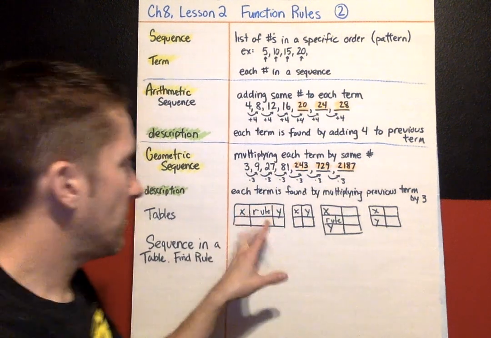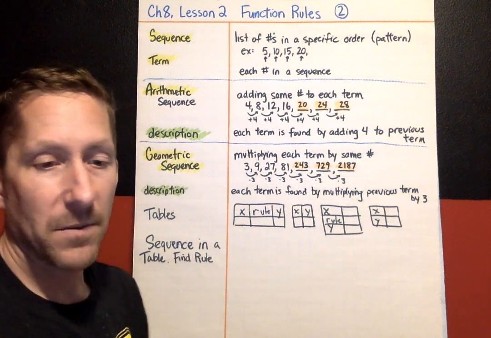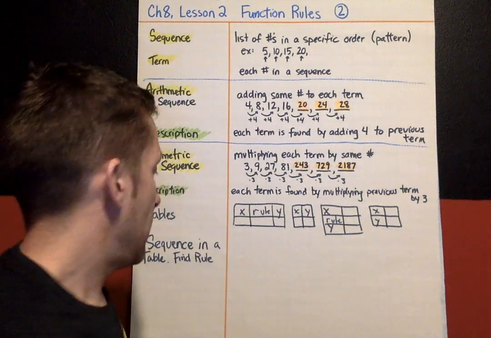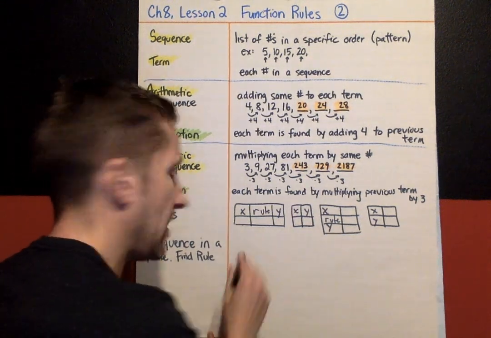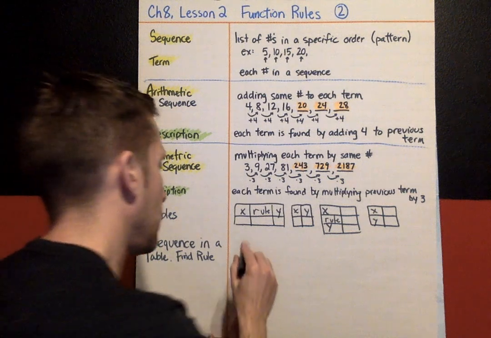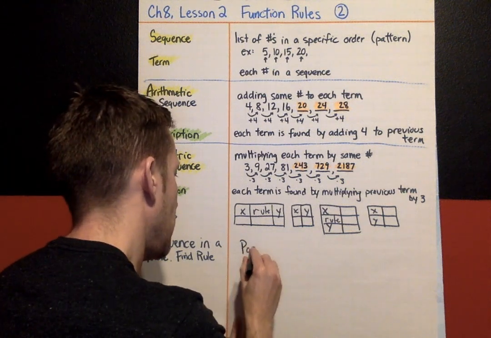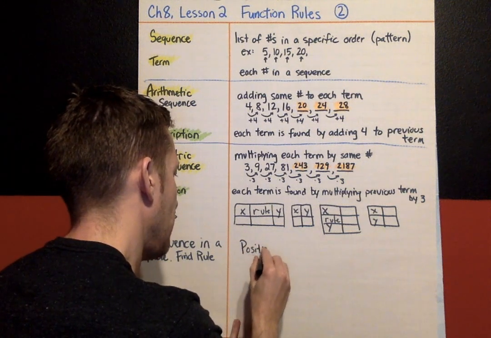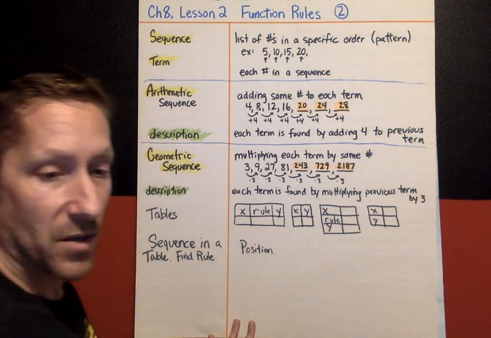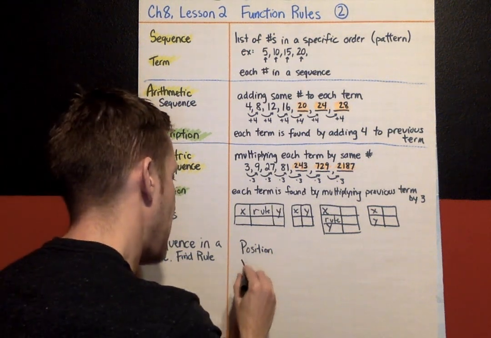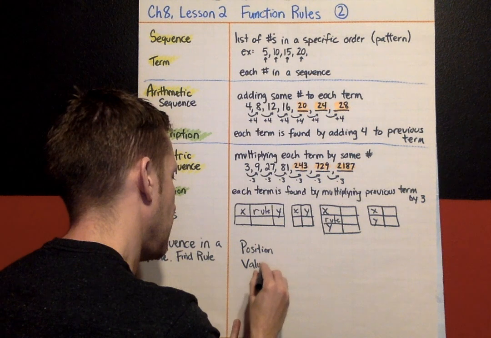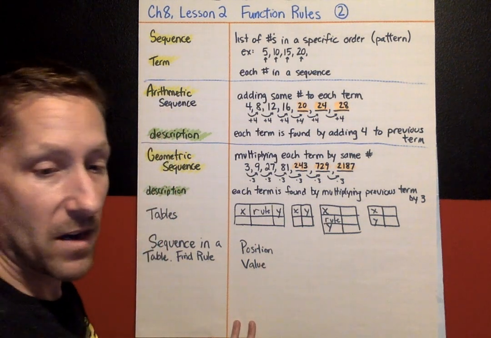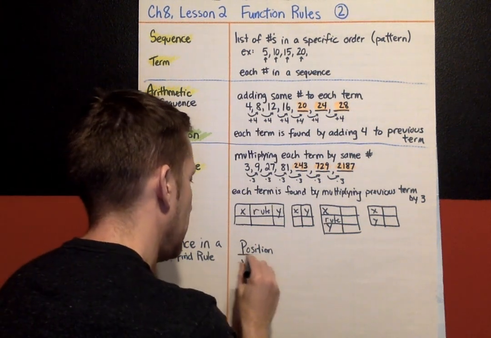So we're going to look at some values, x and y values. They might not be called that. Often today they use position, the position number of a sequence, like position 1, position 2, position 3, and then the value of that position.